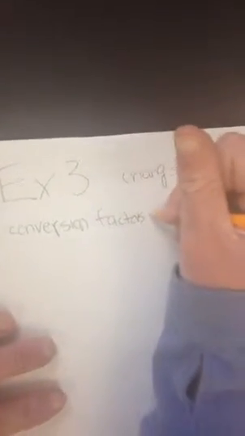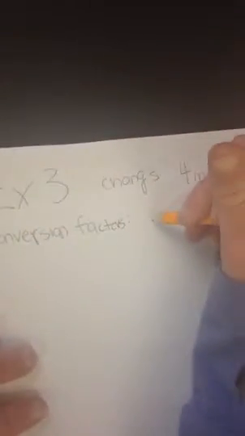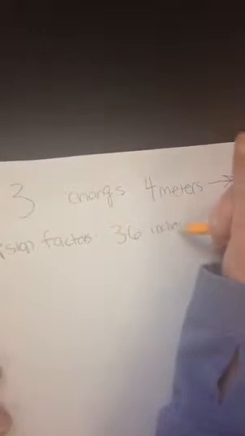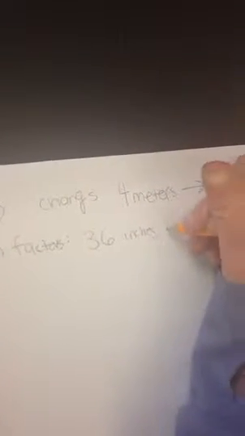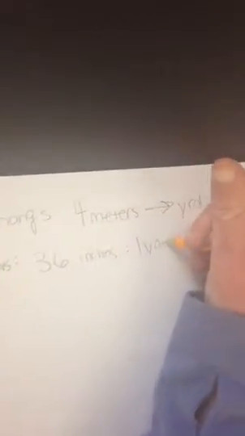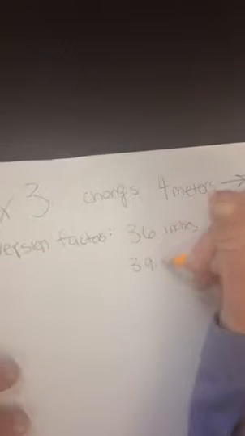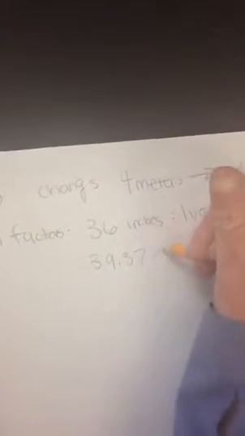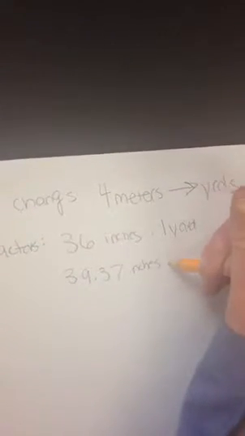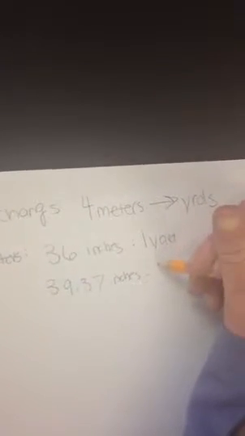That makes it a little bit trickier. So, we got 36 inches in 1 yard, and then we have 39.37 inches, and I just looked that up, for 1 meter.